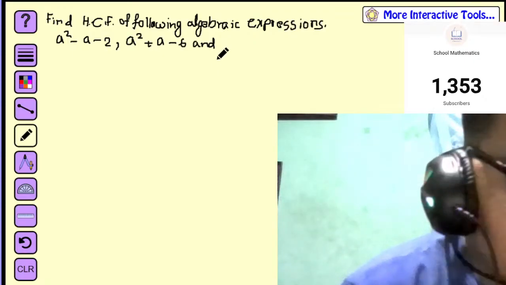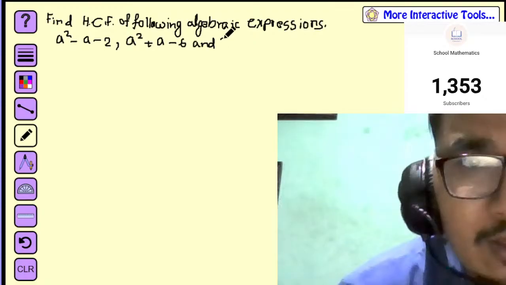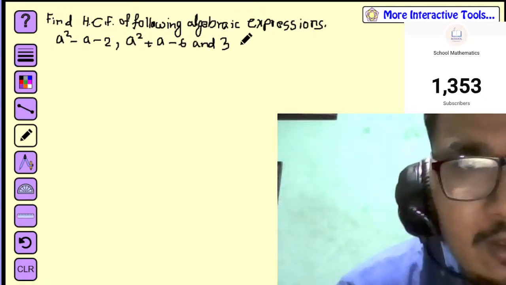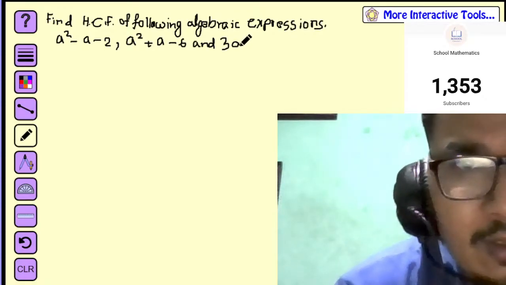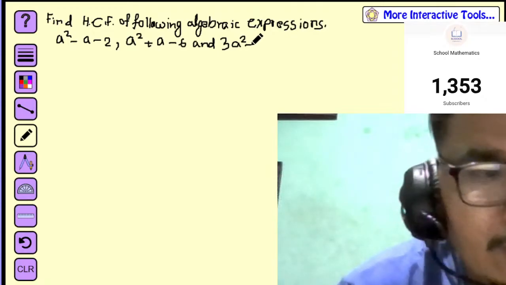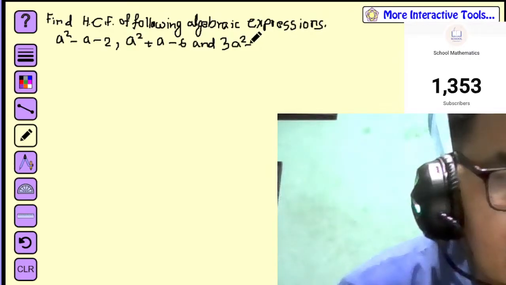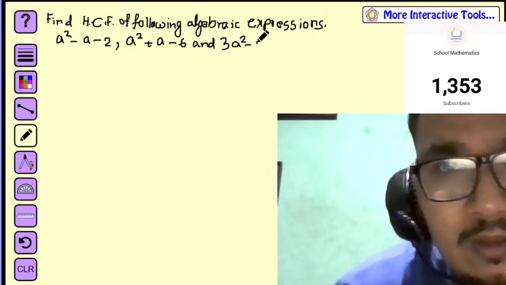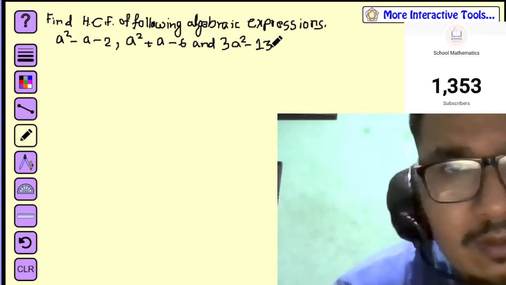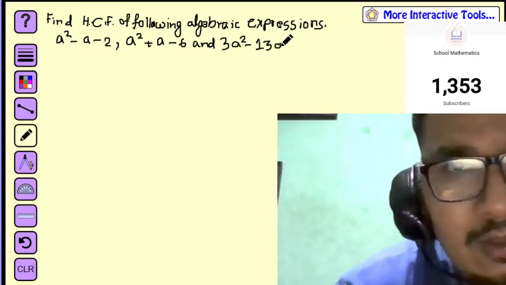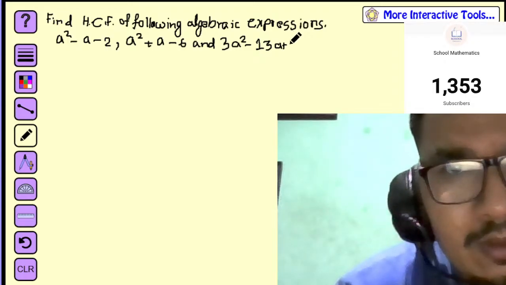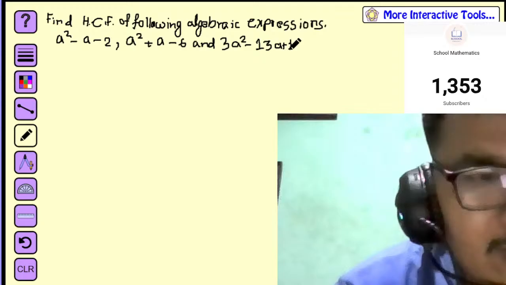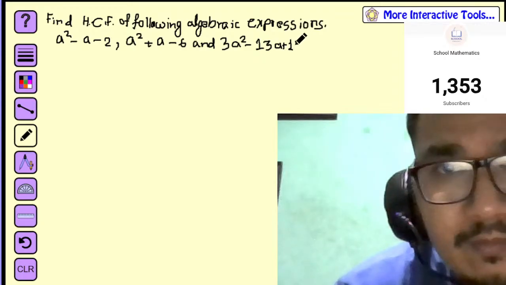And the last expression given there is 3a square, right? 3a square minus 13a, and the last term given there is plus 14.